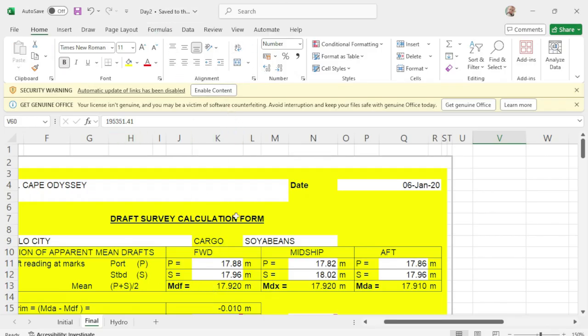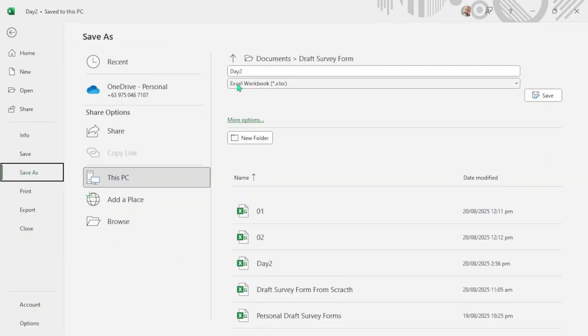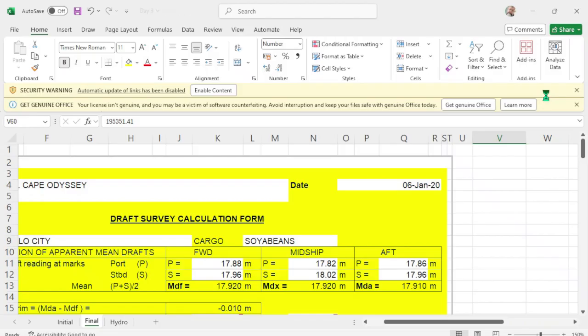Then another next day, you make another draft survey. You go to file, save as. Then you put here day 3. Okay, day 3. Just put here save. And here's day 3.